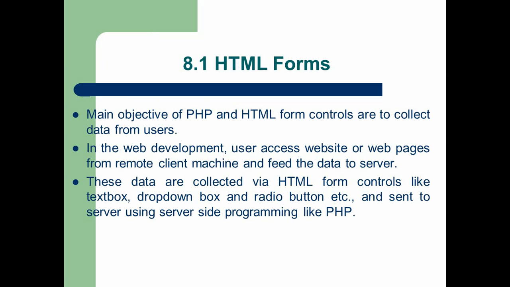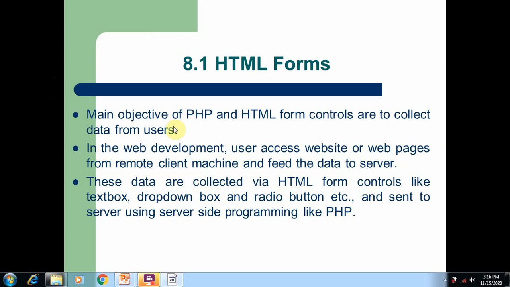First topic, HTML forms. Of course, we already learned HTML form controls in the previous year in plus one, how to use the HTML form tag. Now in this topic, we are going to see how we use HTML forms as well as PHP for sharing data. The main objective of PHP and HTML form controls is to collect data from the user.